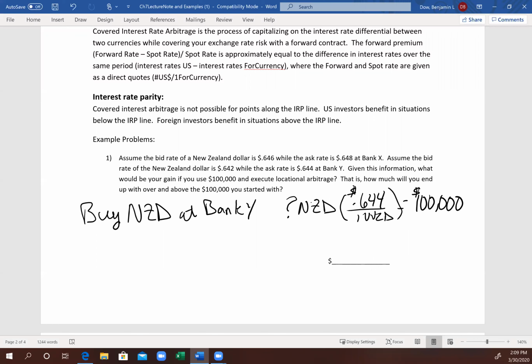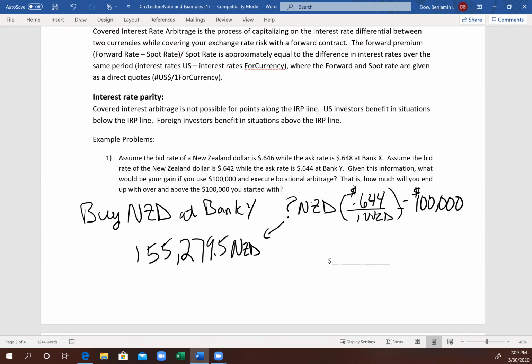If you take $100,000 and divide it by 0.644, we're going to end up with 155,279.5 New Zealand dollars.